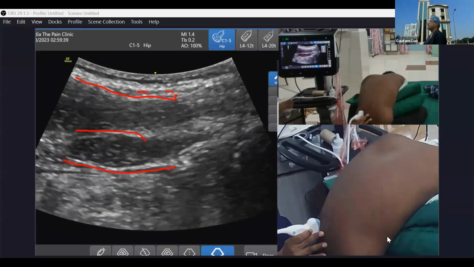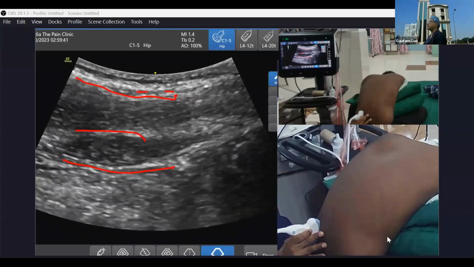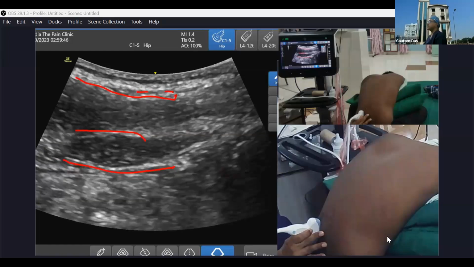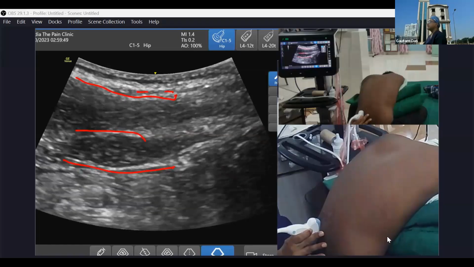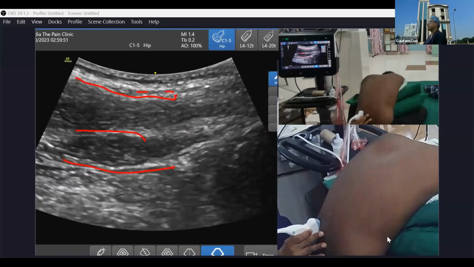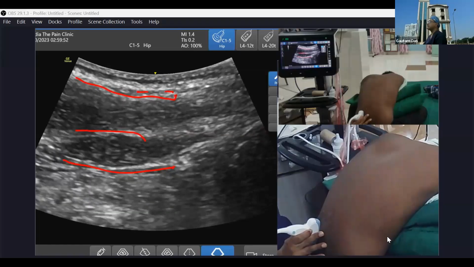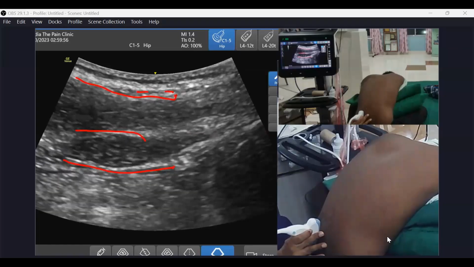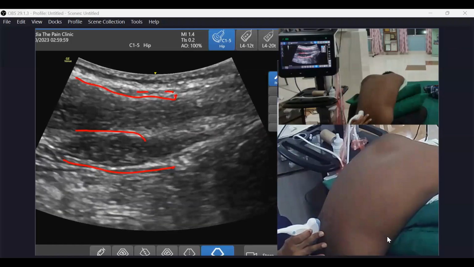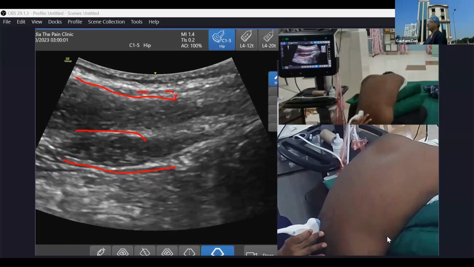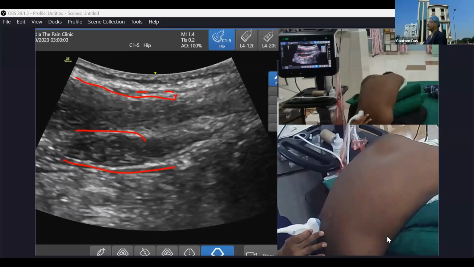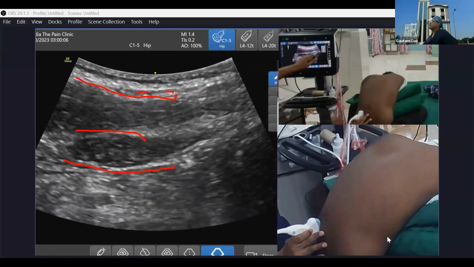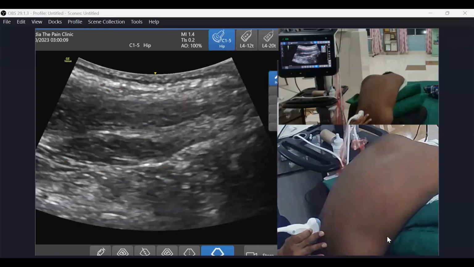So, what are the three layers? The most posterior layer is between the latissimus dorsi and your erector spinae. The middle layer is between the erector spinae and the quadratus, and the anterior layer is between the quadratus and the psoas.